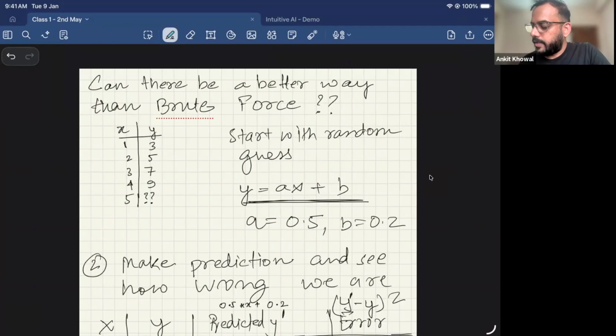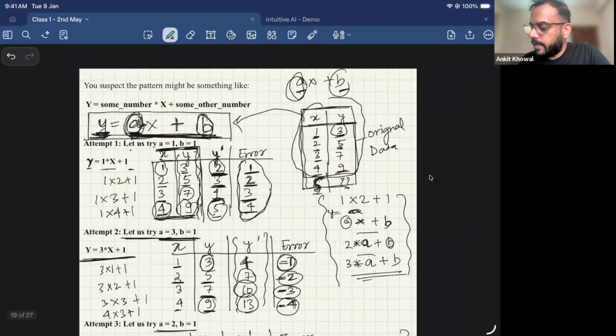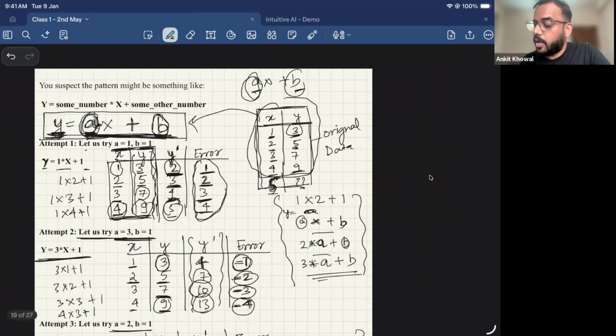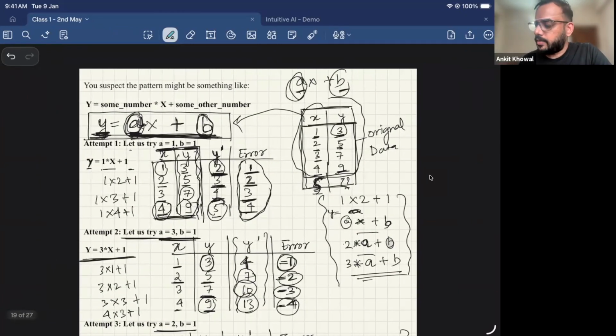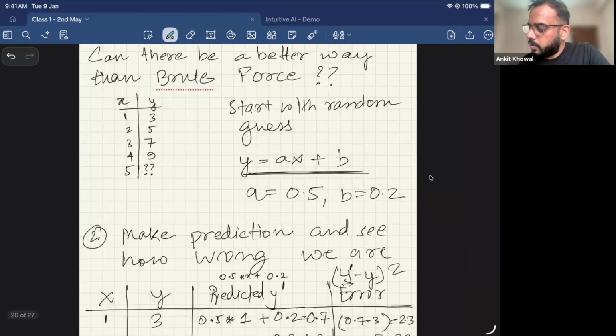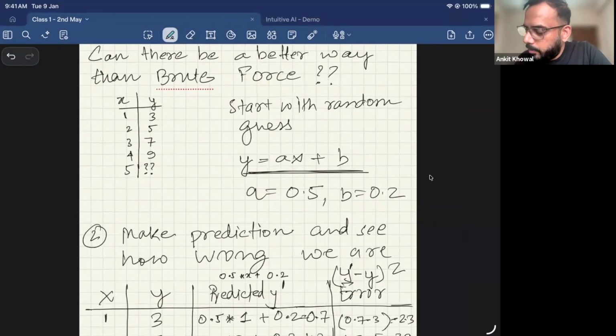So now instead of guessing randomly the values of A and B, I will use some mathematics, a structured approach, so that I can come to convergence fast on the right values for A and B, instead of randomly guessing the values.